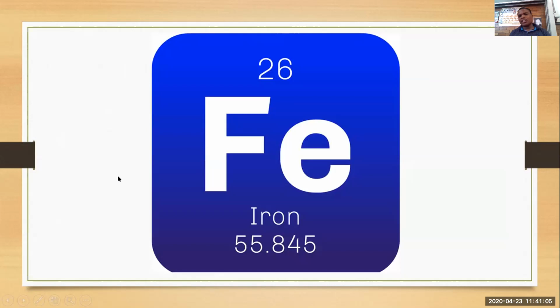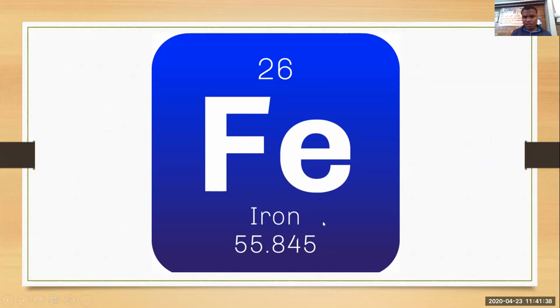Periodic tables differ from one to another, and many periodic tables might give you more information. Some might even give you the SPD notation, some might even give you the ionization number, and much other information. But what you might find in general on a periodic table is the atomic number of the element, the symbol of the element, which is Fe for iron, and the name of the element.